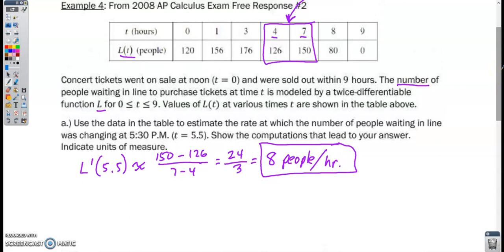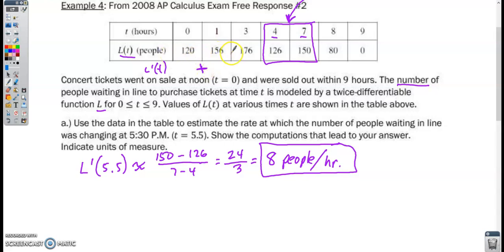Now, no matter what the behavior is between 0 and 1 here, we know that at least at one spot in that interval, L prime has to be positive. You know, it might be negative for most of the interval, but for at least some point in that interval, it has to be positive.